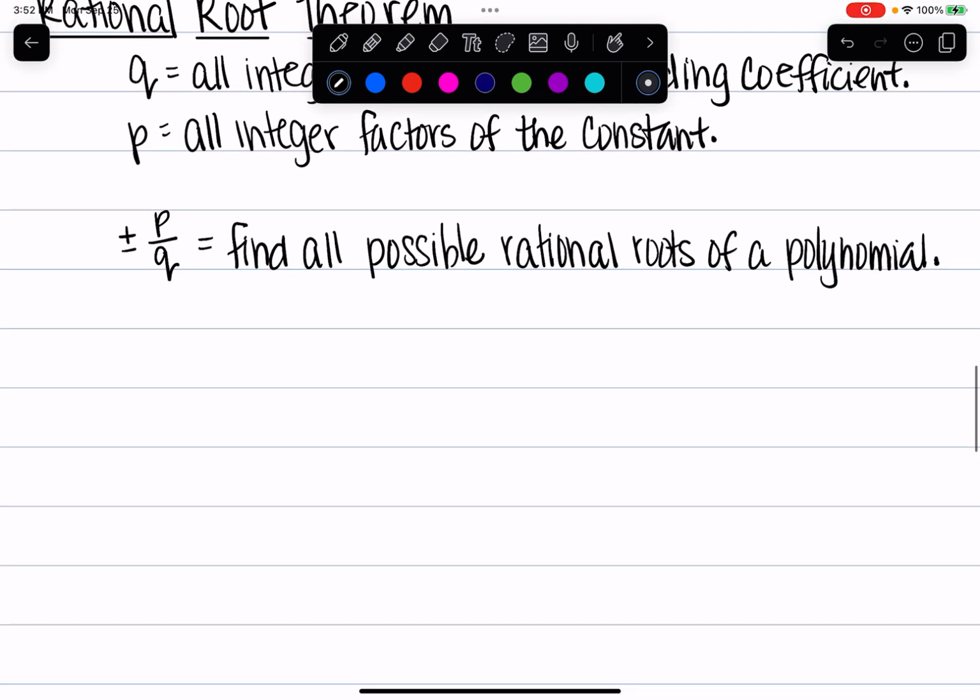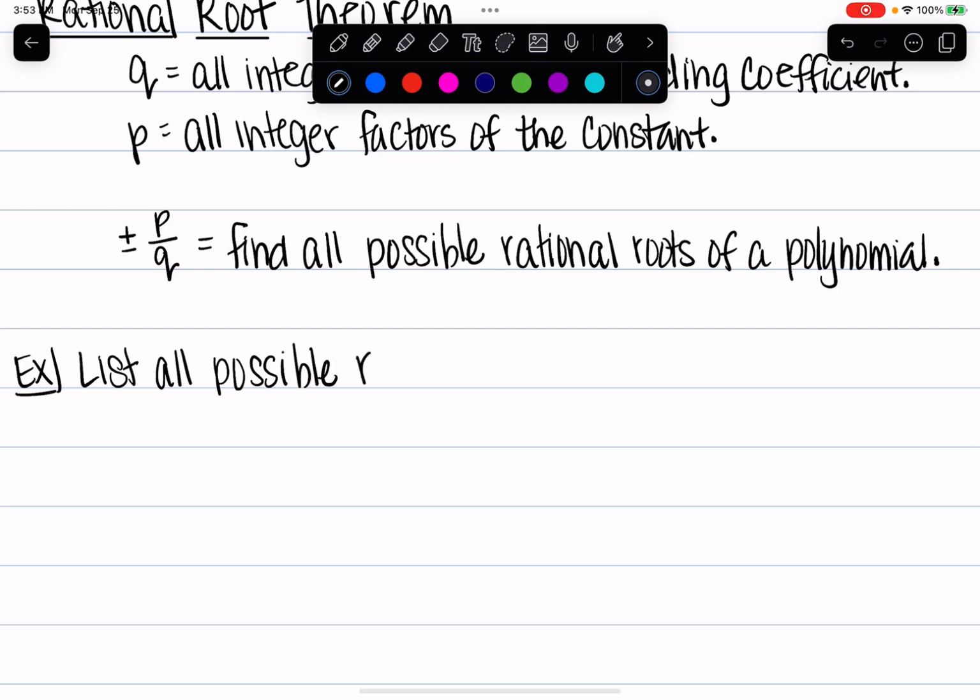Okay, so for example, we're just going to jump right in. We're going to start with finding rational roots. So we're going to list all possible rational zeros of the following.